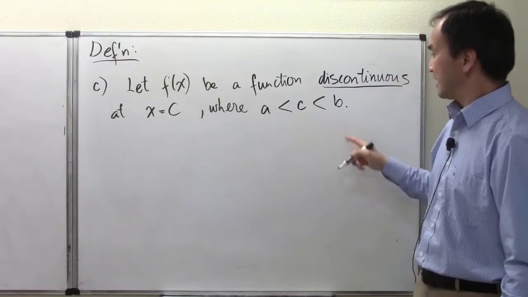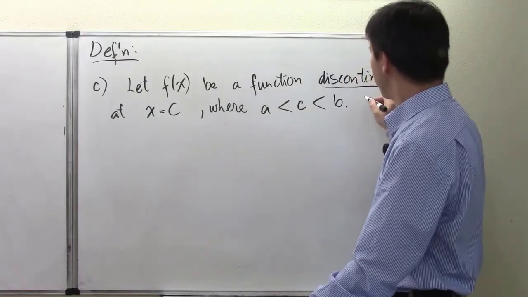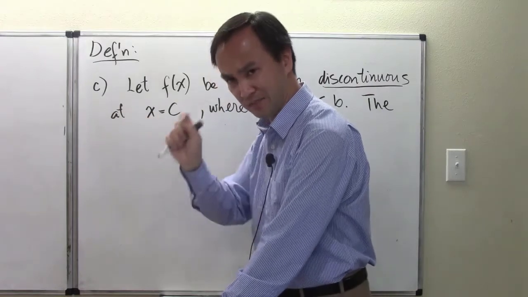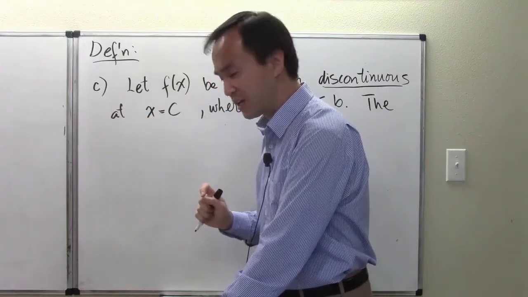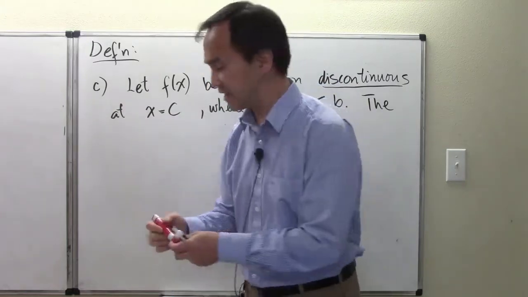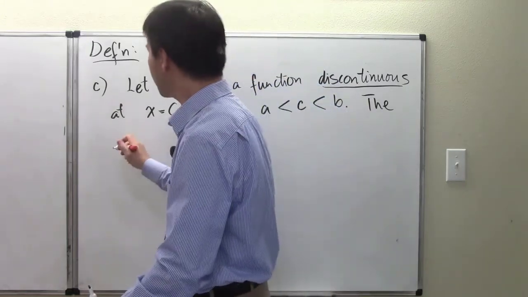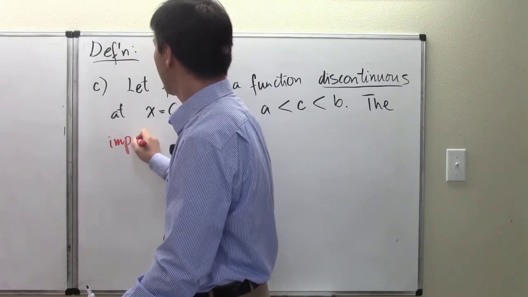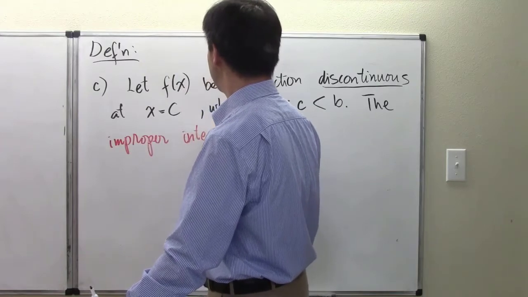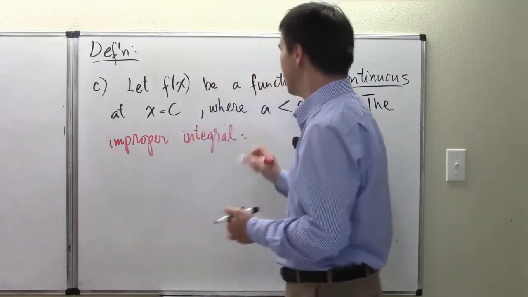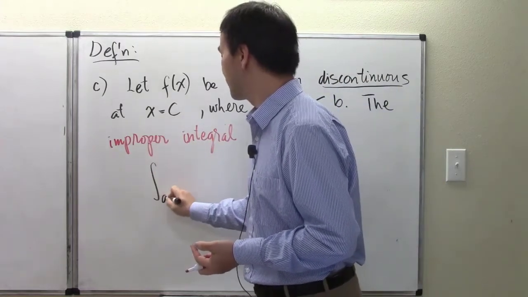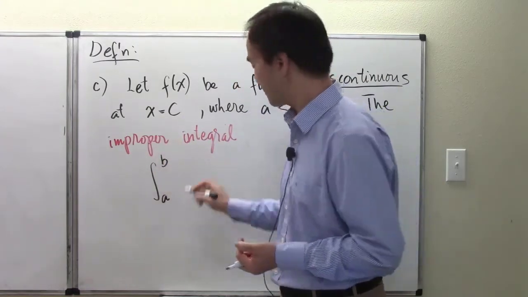Okay, then in that way, this is the third form, another form among those that has some discontinuity in the integration interval. So again, it's another improper integral, the improper integral of the form the integral from a to b of the function f of x.